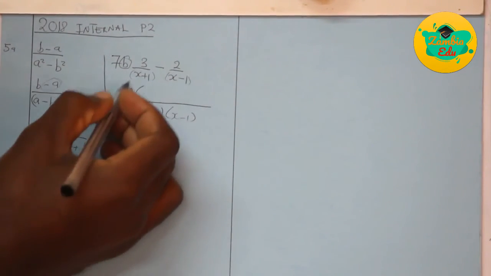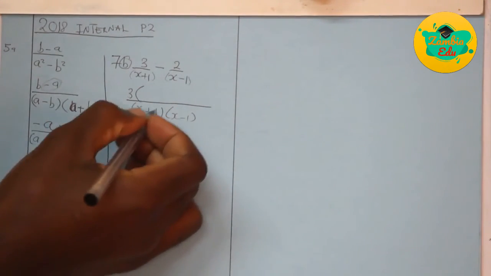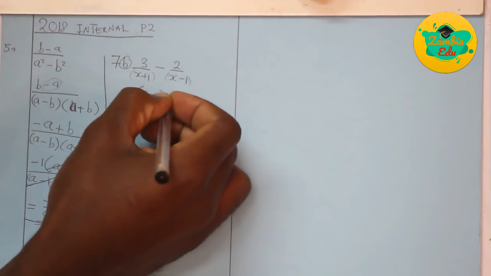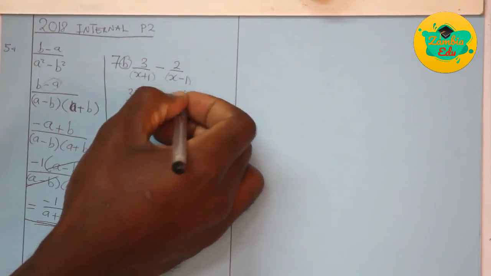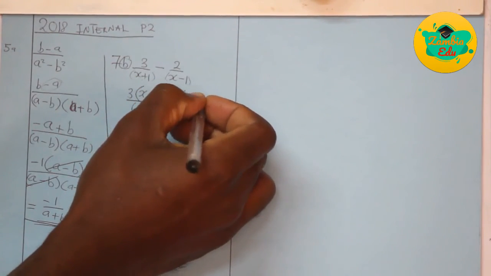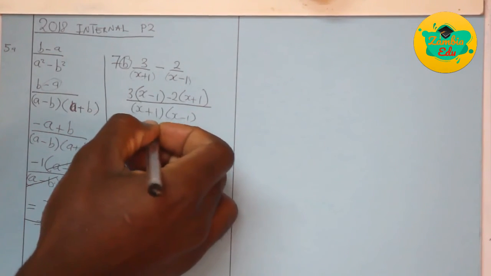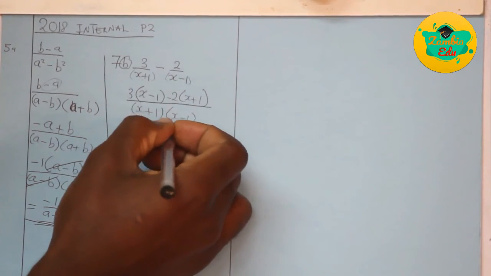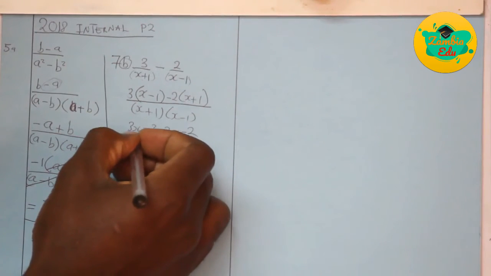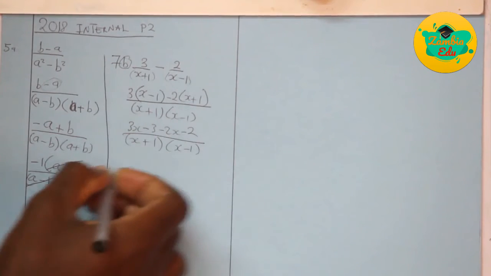So 3 there, x plus 1 into that common denominator, it cancels that, so we have in there x minus 1, then negative 2, open bracket, then you pick this around, which is this side. 3 times x, 3x, minus 3, negative 2 times x, negative 2x, minus 2 over x plus 1, x minus 1.